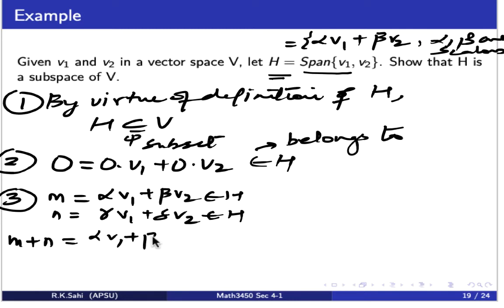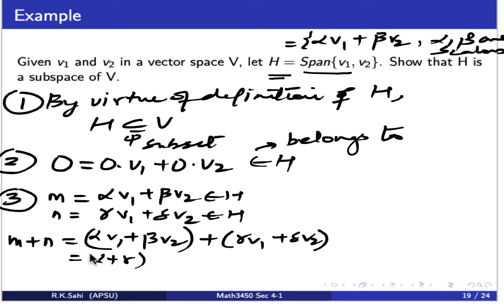Alpha v1 plus beta v2 plus gamma v1 plus delta v2, which is, again, not a simple addition. So, v1 and v1 I can add together. So alpha plus gamma times v1 plus beta plus delta times v2. Clearly, I see a linear combination. It belongs to H. So that means the vector addition is closed under the subset H.